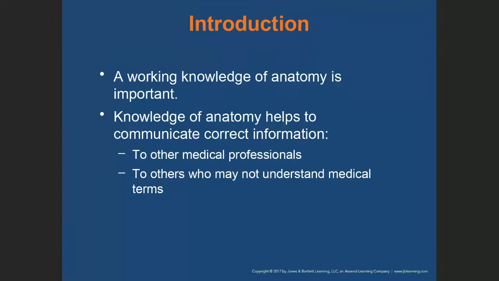However, there are 4 key systems that you need to grasp very early. So there are 4 systems that you need to know and know them very well. The musculoskeletal system, the respiratory system, the cardiovascular system, and the nervous system. These are 4 systems that you need to grasp early.